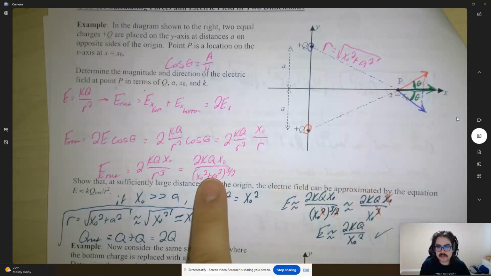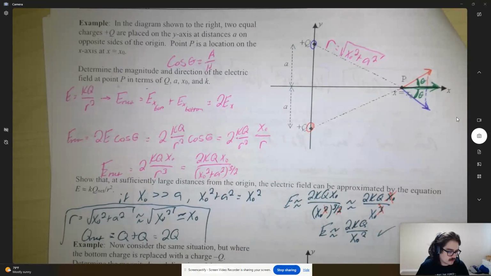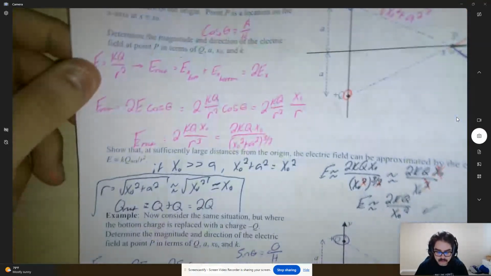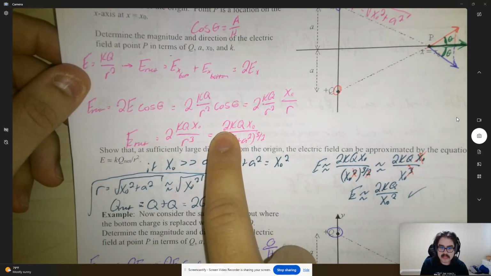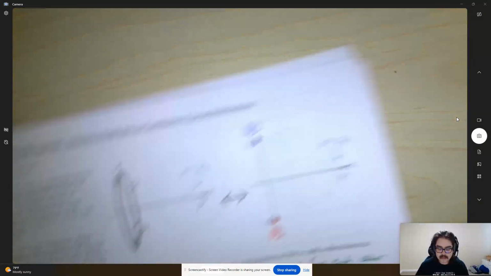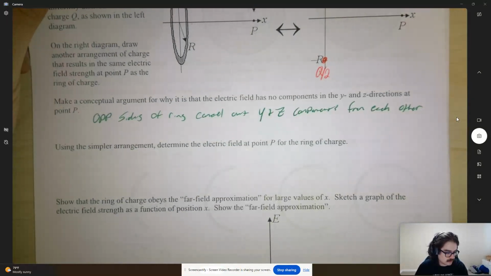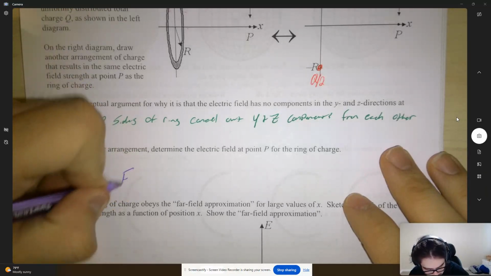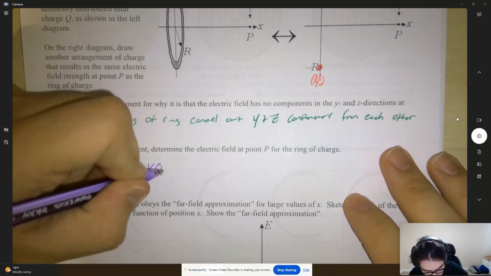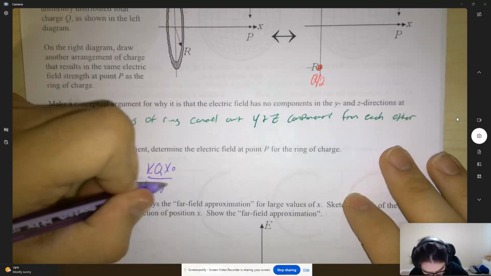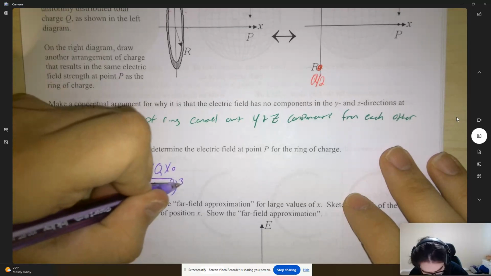The only difference is that we're not using the same symbols, and there's no 2 here because the net charge is not 2Q, it's 1/2 Q. So you should end up seeing E equals K Q X naught over X naught squared plus capital R squared to the 3/2 power.